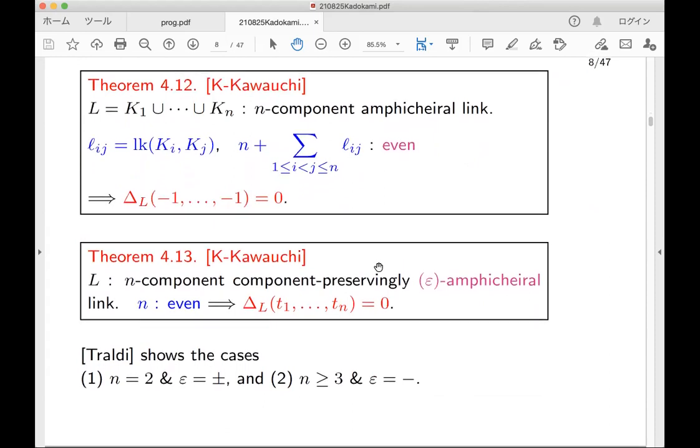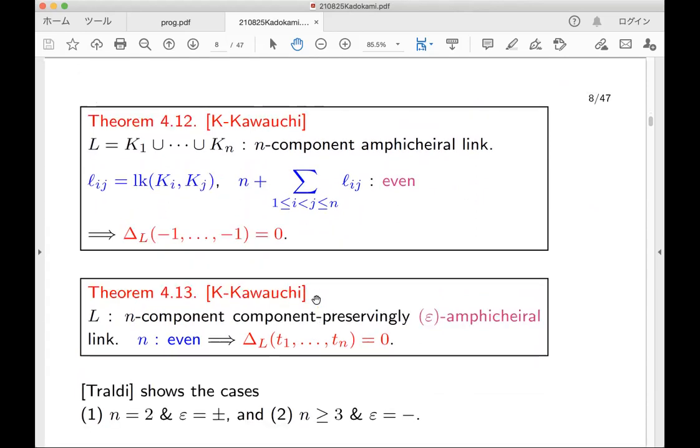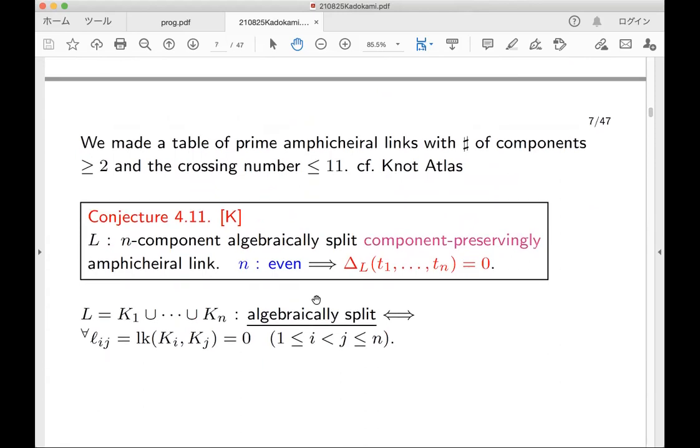And in my joint work with Akio Kawauchi, we have two theorems. The second theorem is a partial answer to my conjecture.